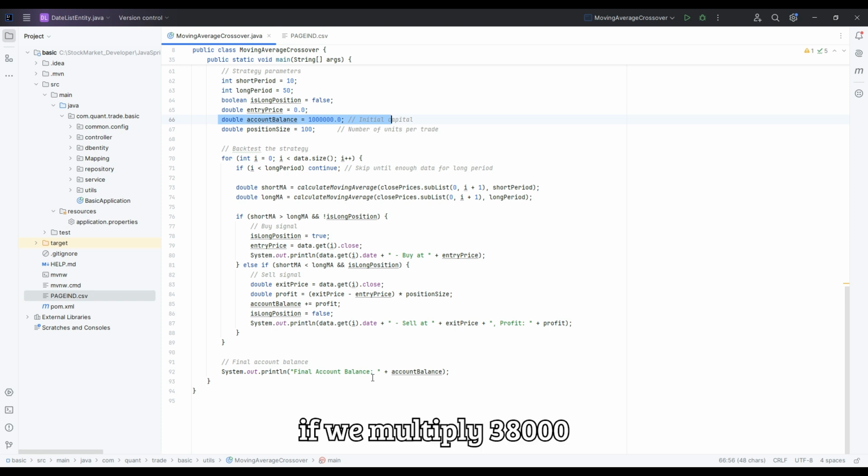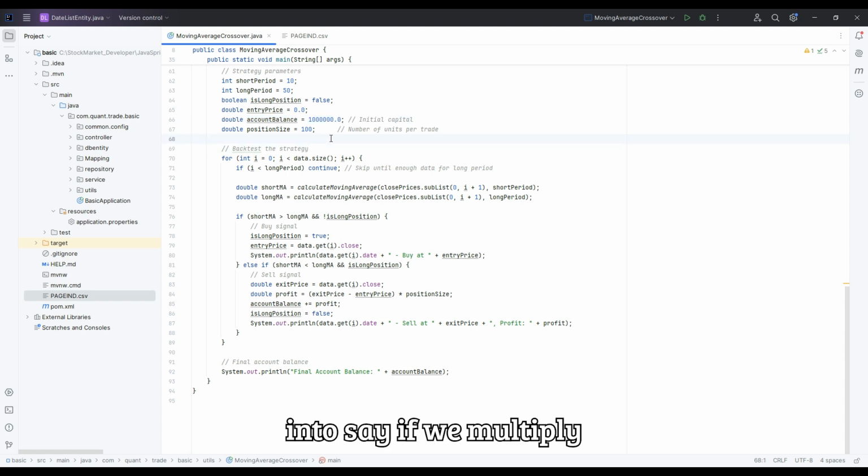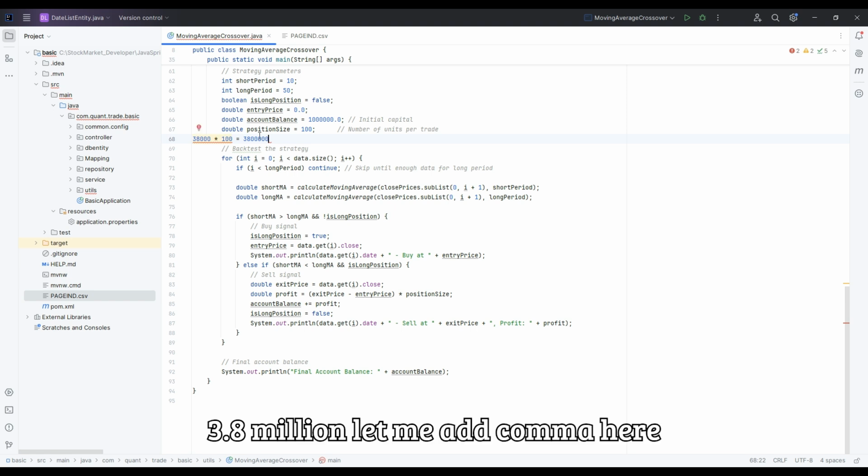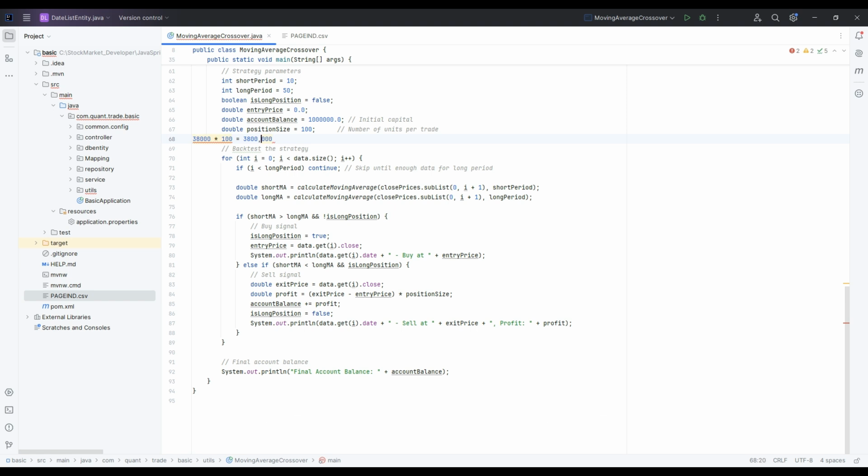If we multiply 38,000 by 100 stocks, this will easily come to a price of 3.8 million.